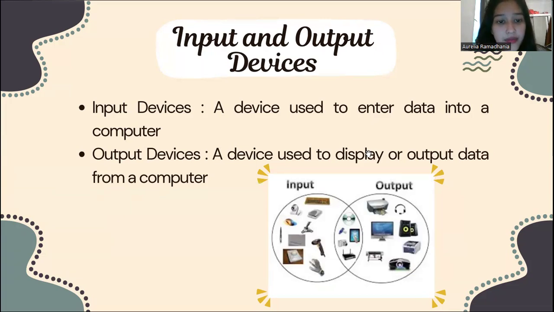And two is output device. Output device is used to display the output data from a computer, like monitor to display image and video, printer to print physical documents, and then speaker to produce sound.